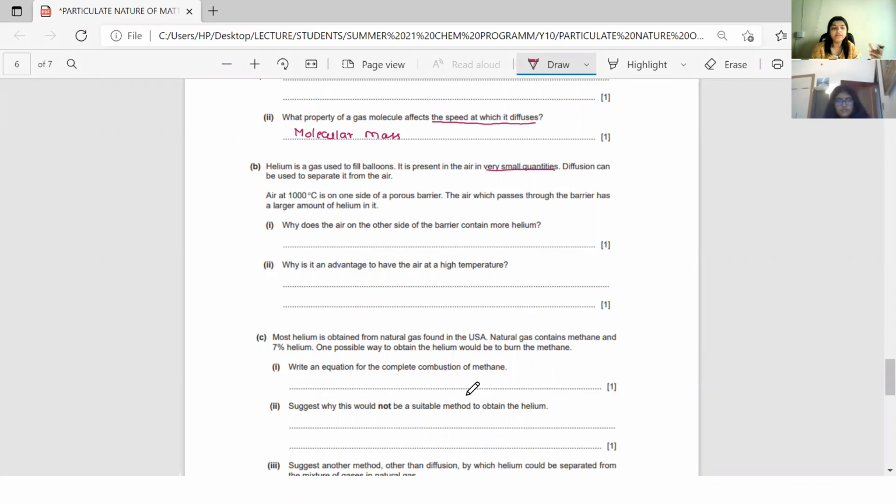If we talk about the Mr, helium's atomic weight is 4 units. Tell me which gas is present in the largest quantity in air. Nitrogen. That's correct. Nitrogen, which is 78%, its mass is 28 units, or 28 grams we can say, for 1 mole.